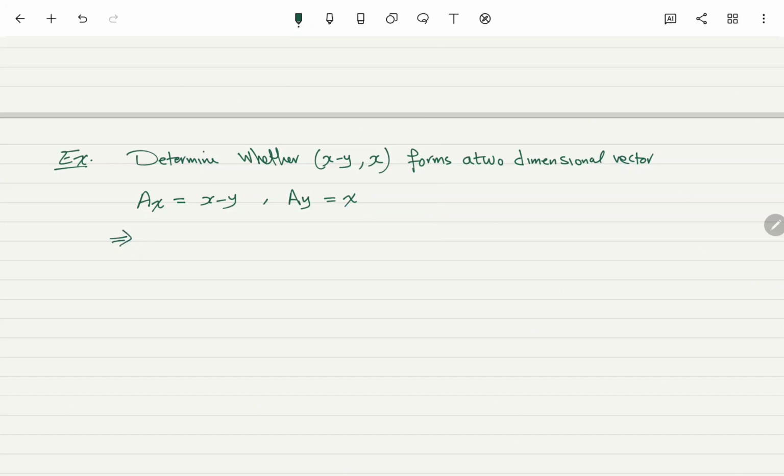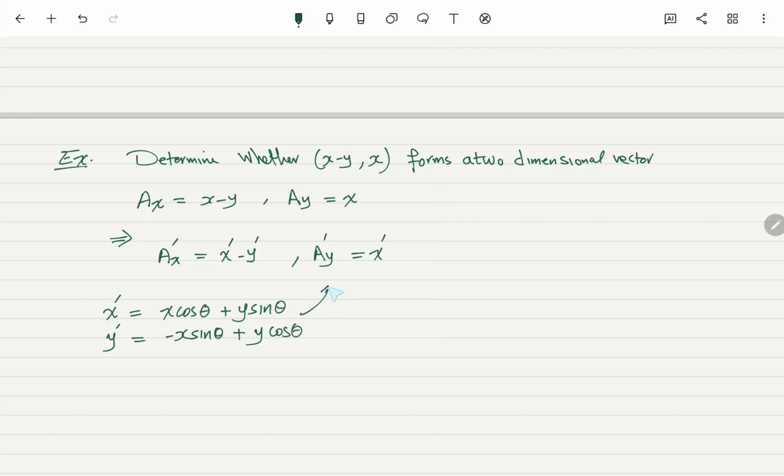So in this case, ax prime equal to x prime minus y prime, and ay prime equal to x prime. And remember, x prime equal to x cosine theta plus y sine theta, and y prime equal to minus x sine theta plus y cosine theta.